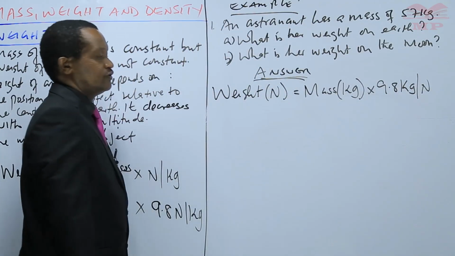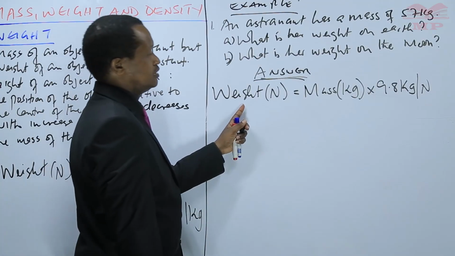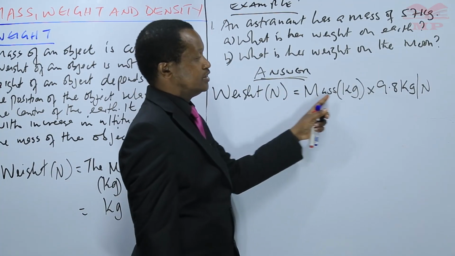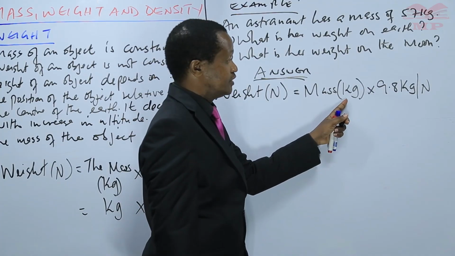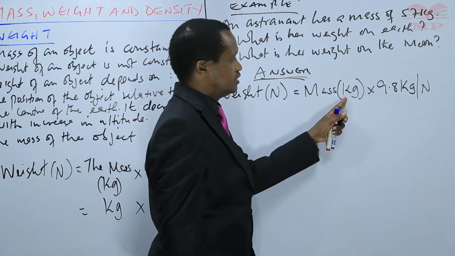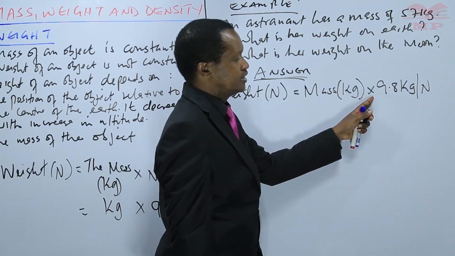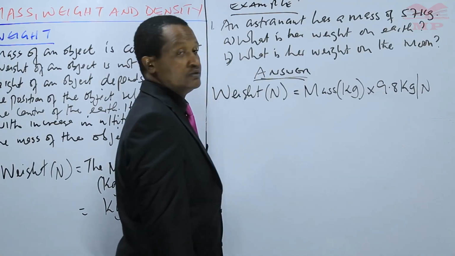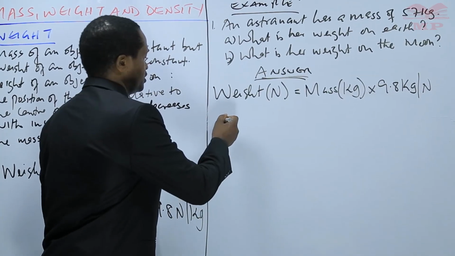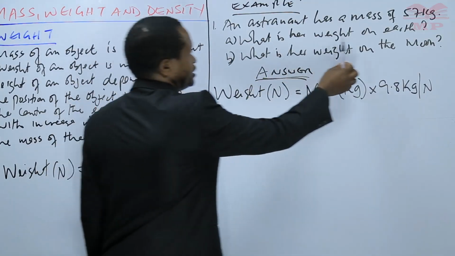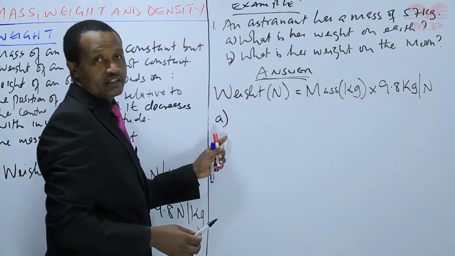That's the formula for weight. The mass has to be in kilograms. If you are given it in tons or grams, first convert to kilograms, then multiply by 9.8 newtons per kilogram. So with that formula, learners, we can answer the question: what is her weight on the Earth?